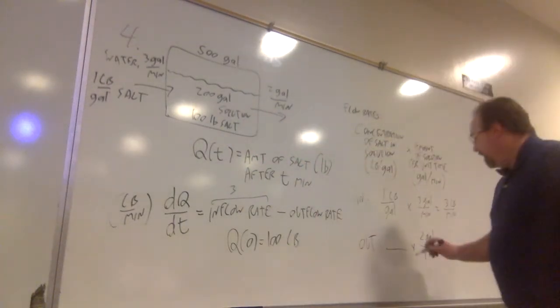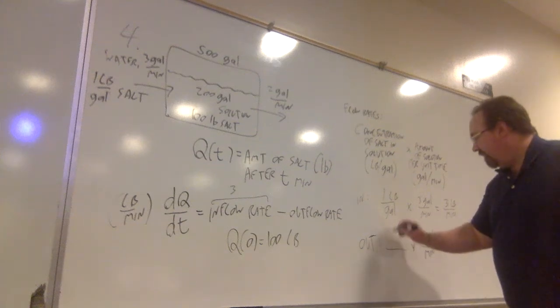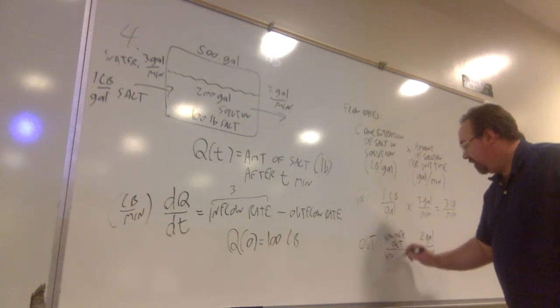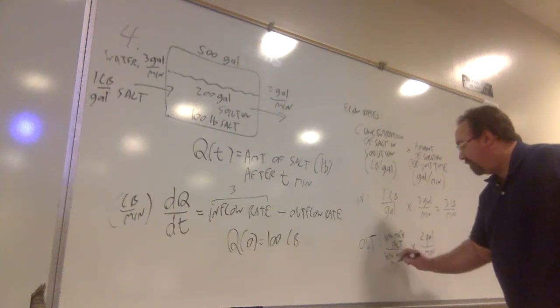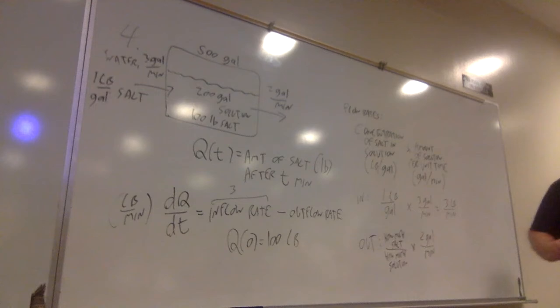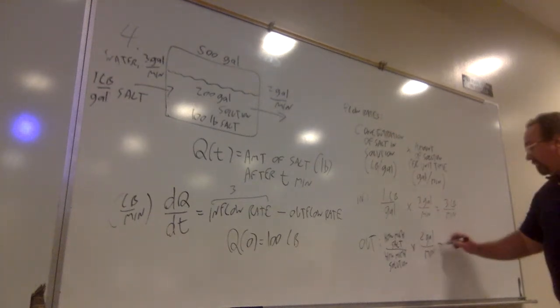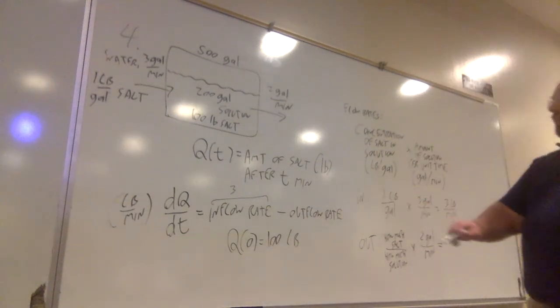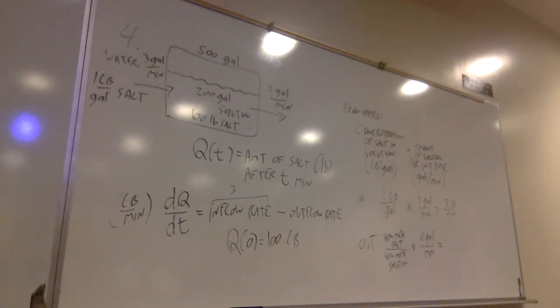So we have how much salt at whatever time t, and how much solution, again, at time t. Both of these things are varying over time. So Q of t is the amount of salt at any time.